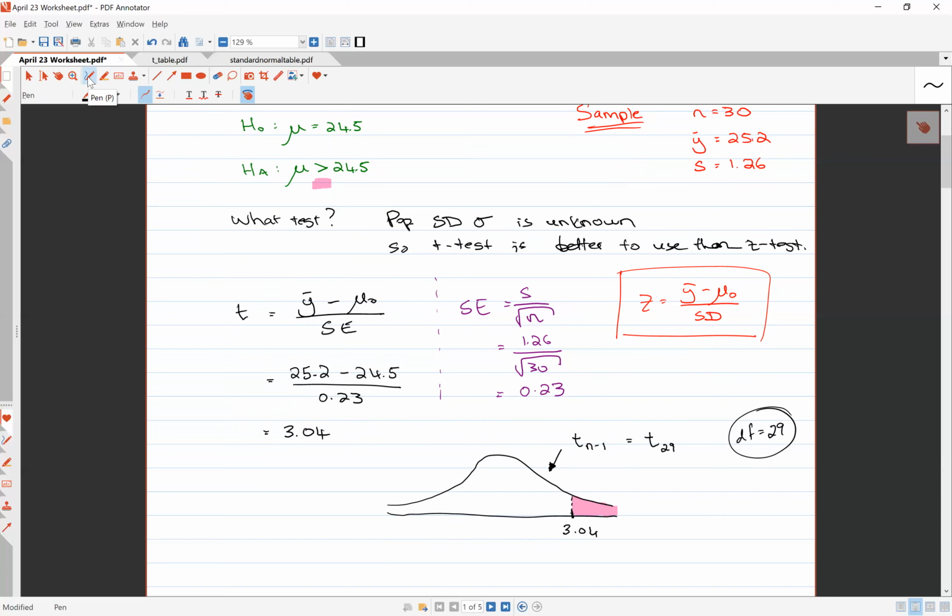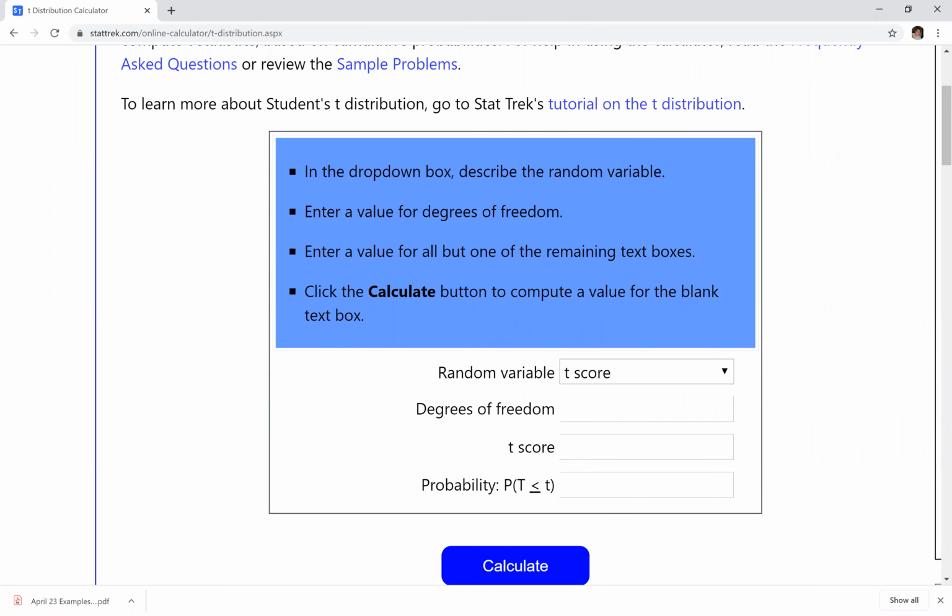Now, we can use the t calculator. In the problem set from Tuesday, I specifically had the link to that. But if you just go to Google and punch in t calculator, then at least on my algorithm, the first link I get is from a page called StatTrek, which you should see on your screen right now.